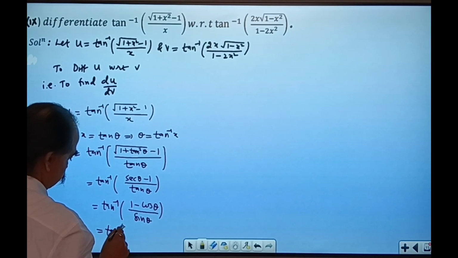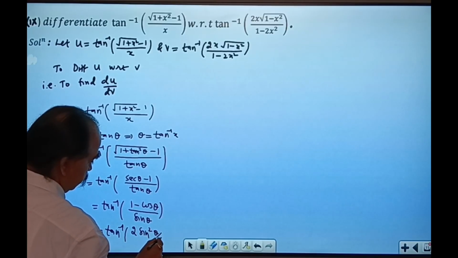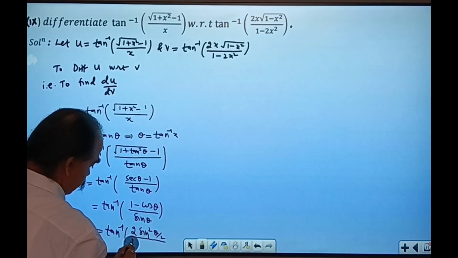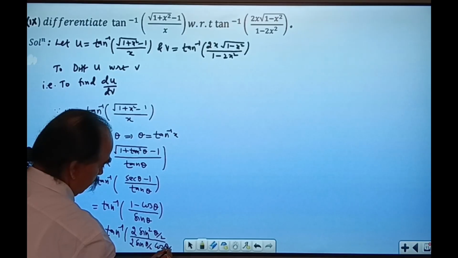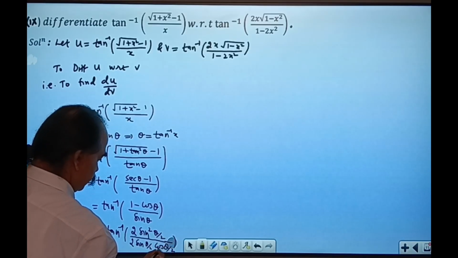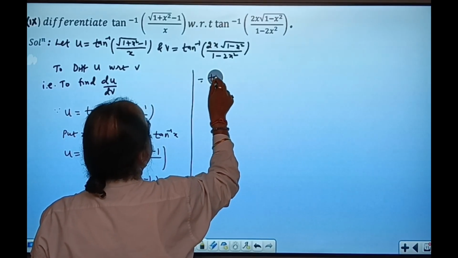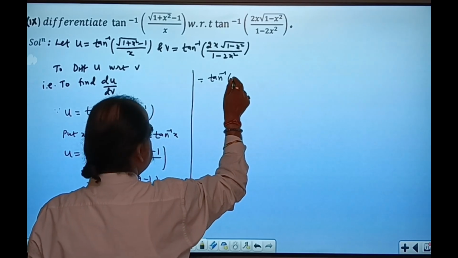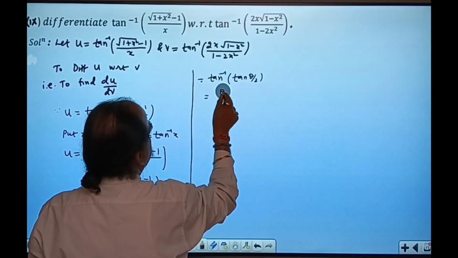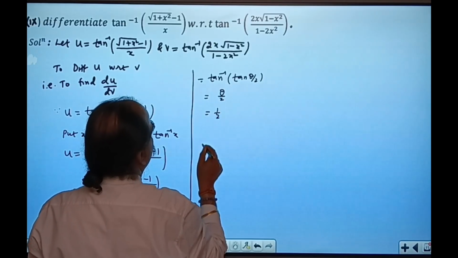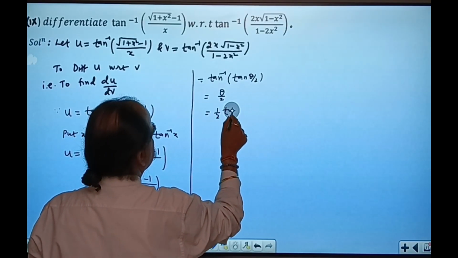Tan inverse 1 minus cos is what? 2 sine square theta by 2 upon 2 sine theta by 2 cos theta by 2, which is tan inverse tan theta by 2. 1 by 2 tan inverse x.